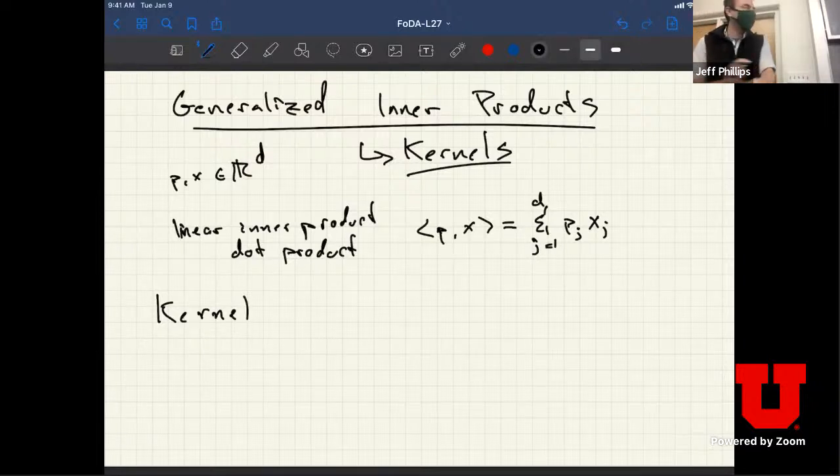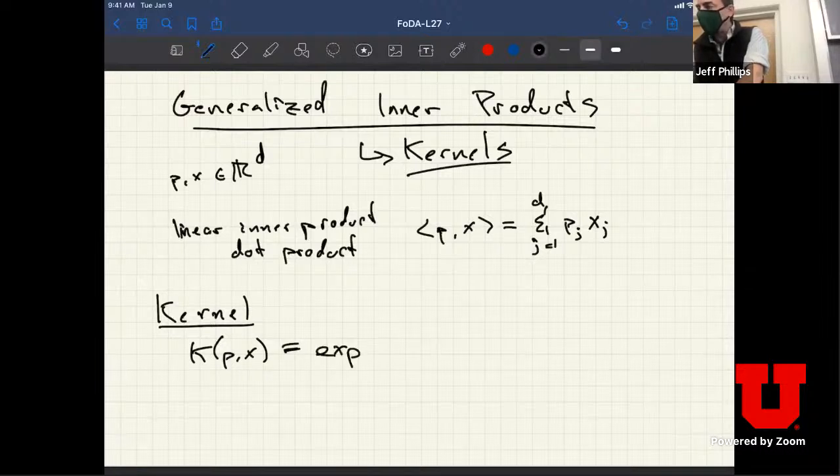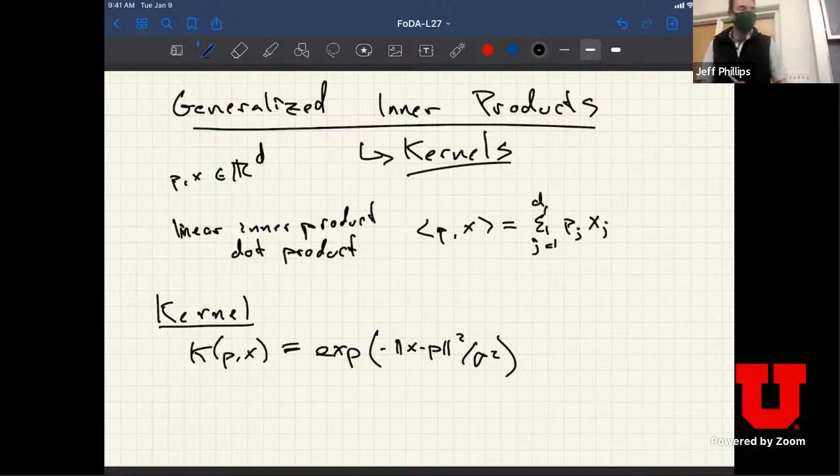We'll replace it with a kernel instead. One of the things that keeps coming up in the course is the Gaussian kernel. We've seen the normal distribution, and the Gaussian is a multidimensional normal.